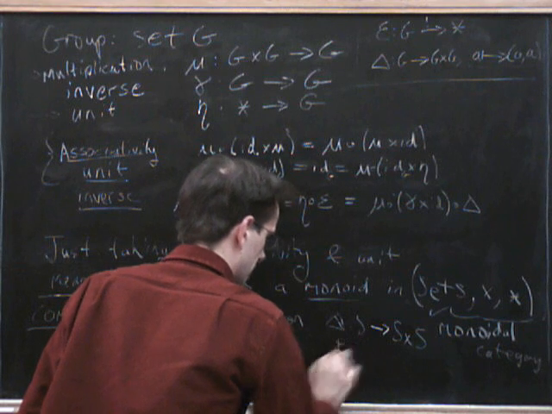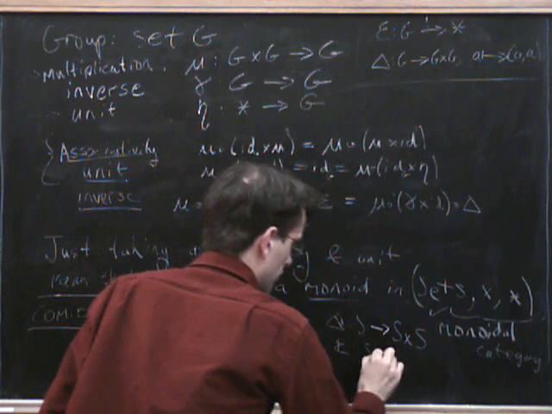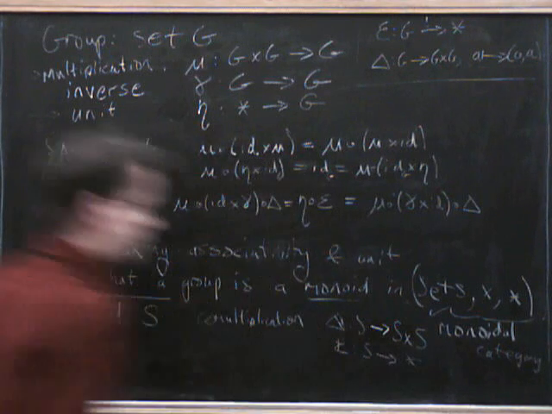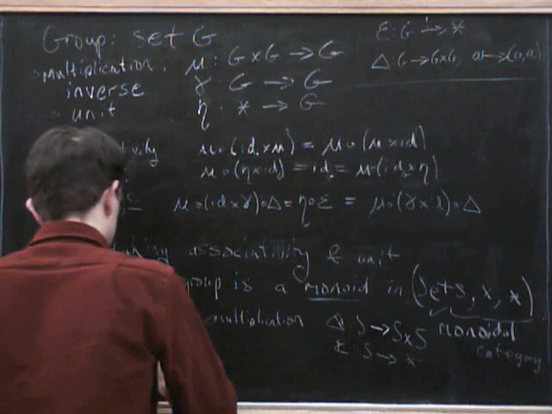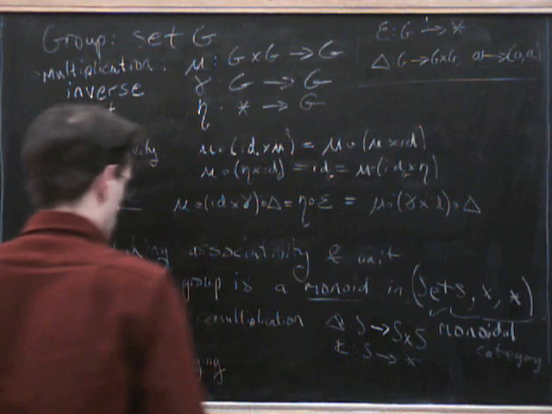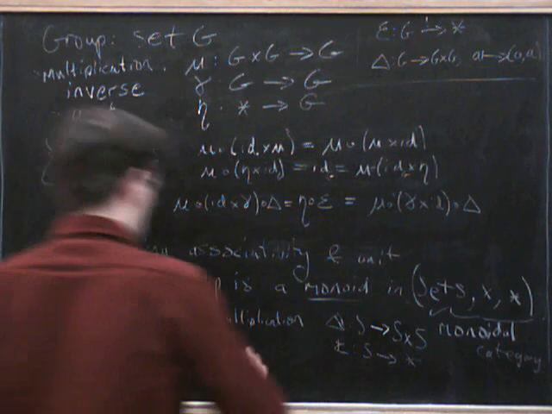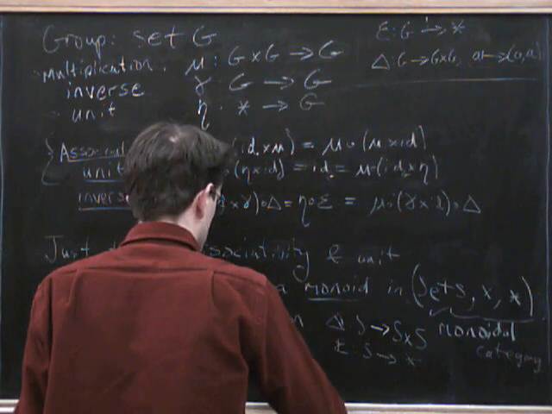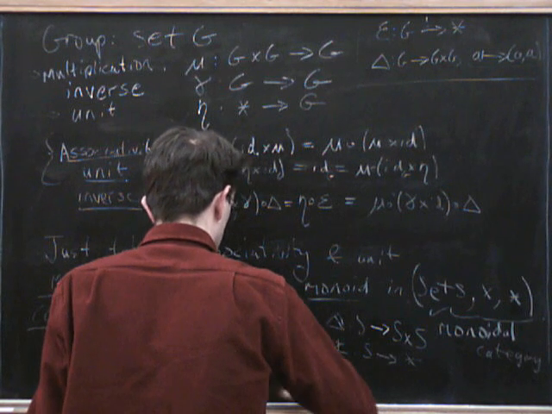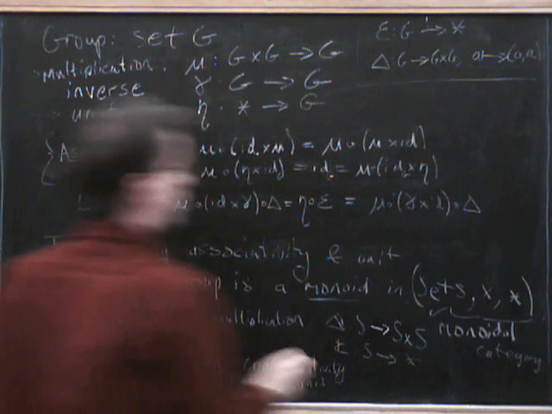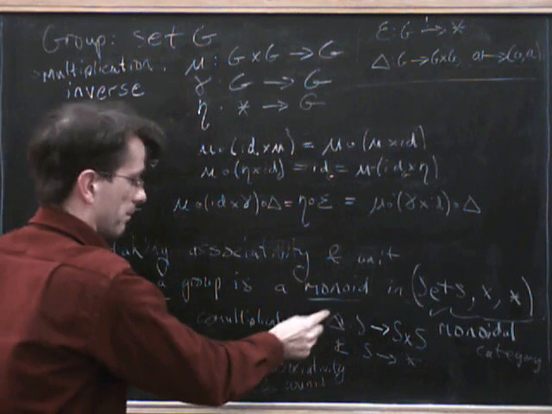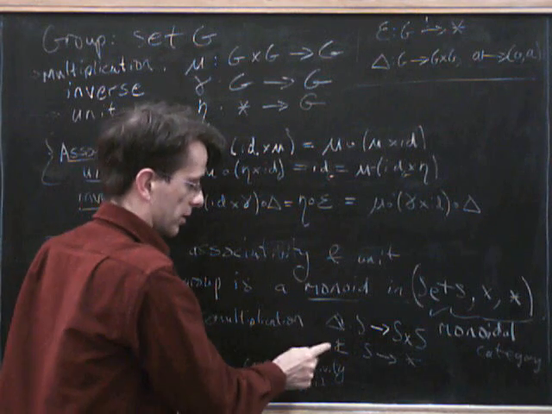Let's just call it thick epsilon for a minute, going from S to the unit object, satisfying co-associativity and co-unit, which are just, if you draw the commutative diagrams for these two axioms, then you just switch everything around. The multiplication becomes the co-multiplication, and the unit becomes the co-unit.